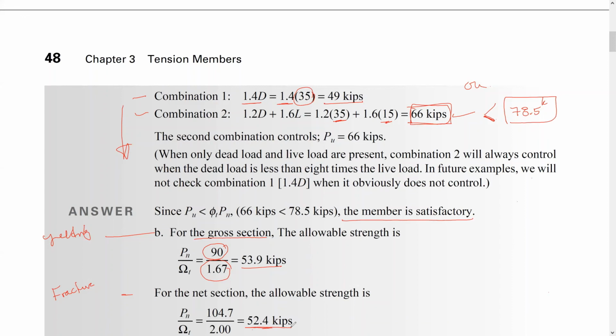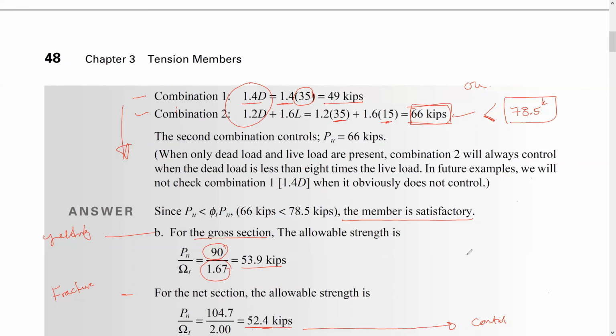Which one is going to be the control? For sure, this one for fracture. So this is going to be the control, and we have to make a comparison between this and, right now, same, we need to check all the load combinations, but for the ASD method, not these ones, مش هذولا ASD method.